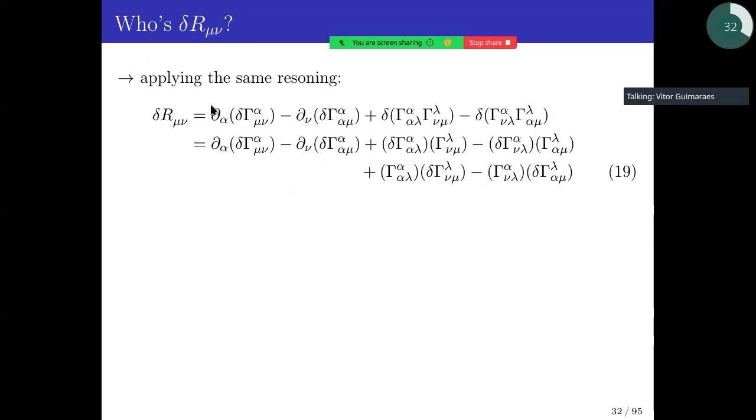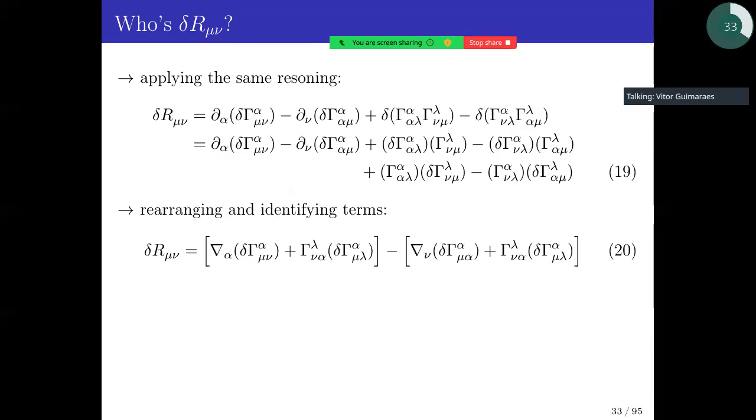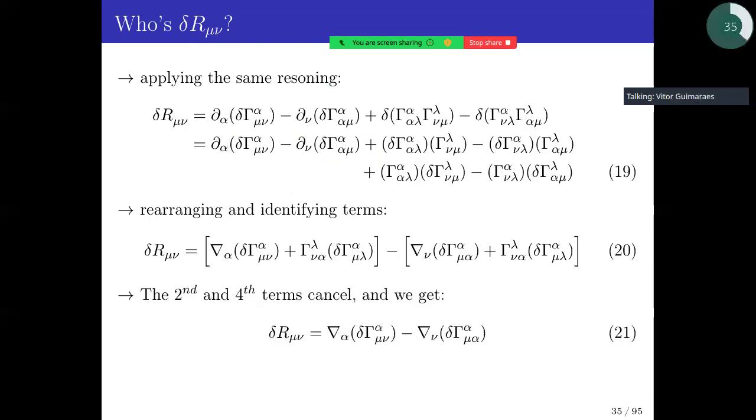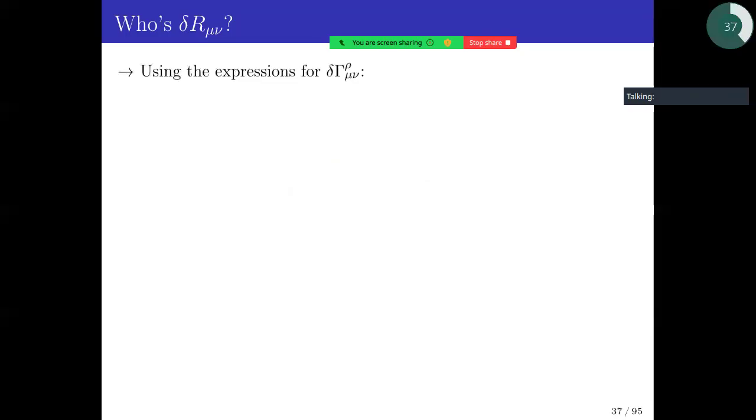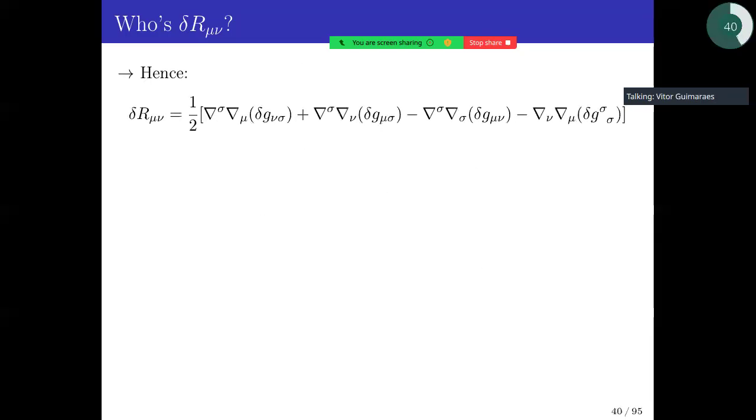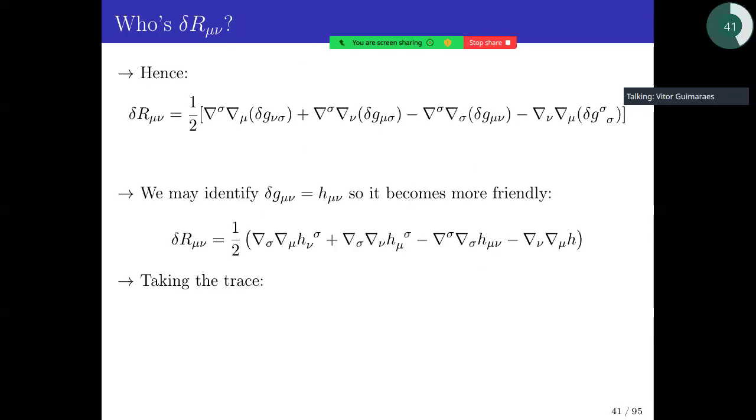Then we derived the perturbed Ricci tensor, in such a way that it would look like this, right?